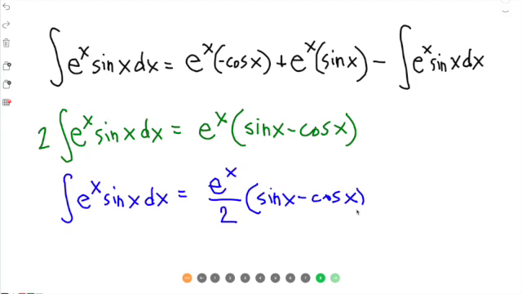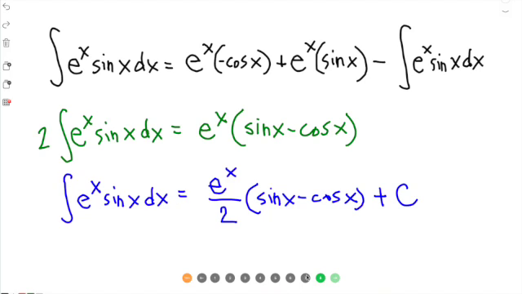So again, remember we have here a plus c, somewhere here we have a plus c, but that would be plus c divided by 2. So that's another, still a constant. So let's just call it c. Okay, so our answer would be e to the x divided by 2 times sine x minus cosine x plus c. That is our integral for e to the x sine x dx.